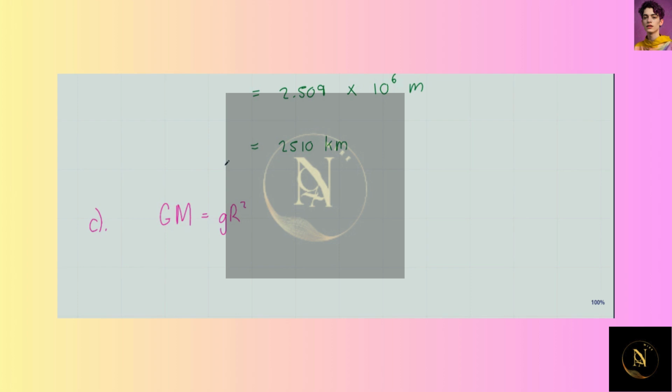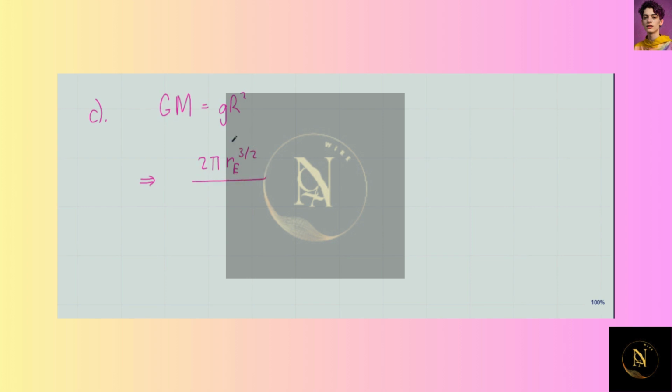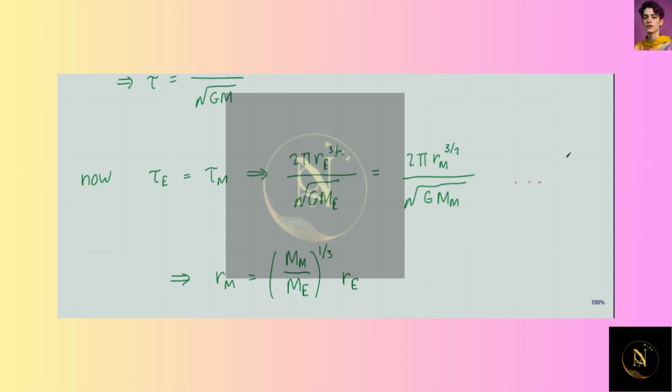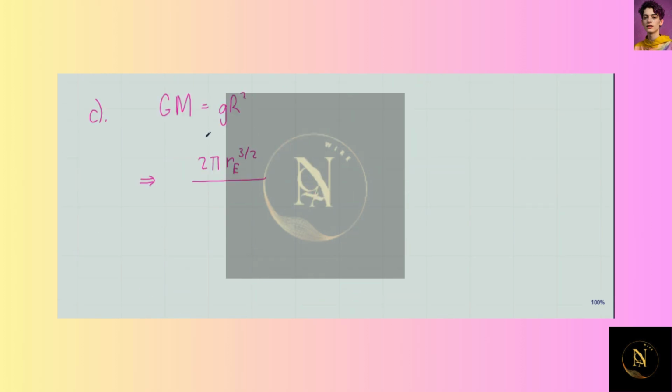So if we substitute it into our equation for tau, equation 1, we get 2 pi r_E to the power 3/2 over the radius of the Earth times the square root of the gravitational acceleration on Earth, which must equal 2 pi times the radius of the satellite's orbit about the center of the moon divided by the radius of the moon times the square root of the gravitational acceleration on the moon, g_m.